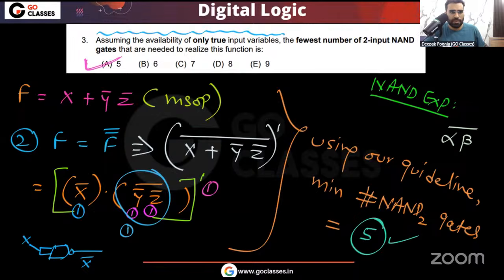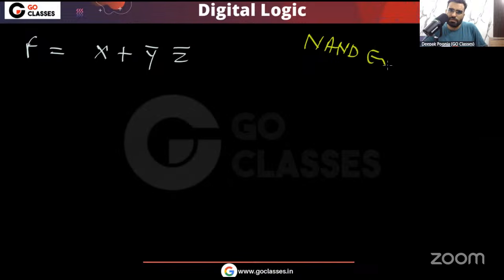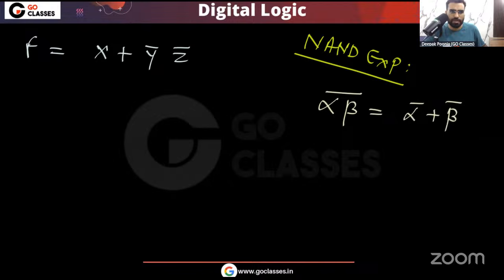Now you might be thinking, sir, I can maybe do something different. For example, this expression is given, x or y bar z bar. Now notice one thing, this is not a NAND expression. Yes or no? A NAND expression is different. A NAND expression is basically alpha and beta whole complement, or you can say alpha complement or beta complement.